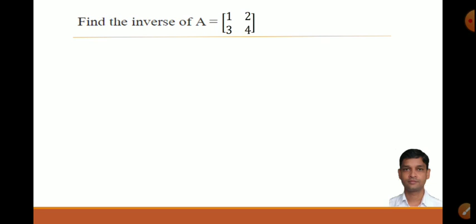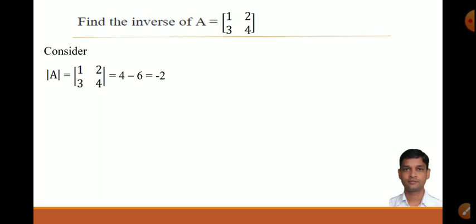Now we will see a small example of a 2 by 2 matrix, how to find its inverse by row or column transformation. First we will see only row transformations. Before starting with row or column transformation, we have to first find the determinant of that matrix.